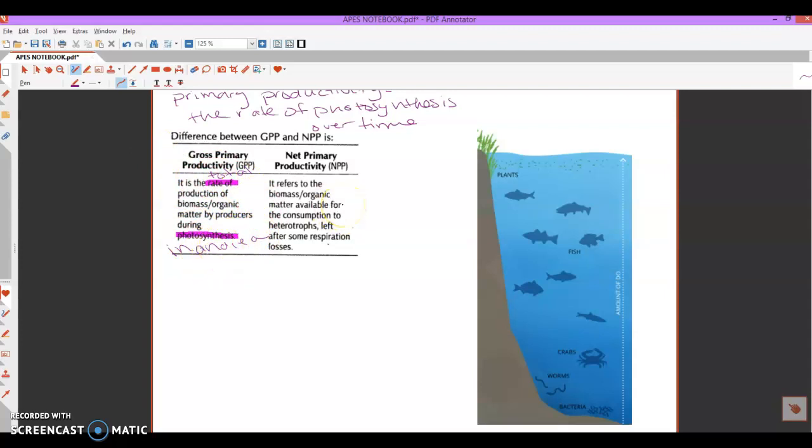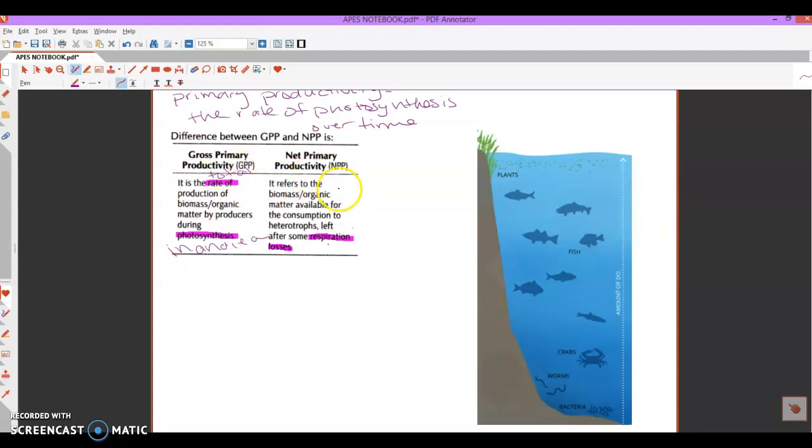The net primary productivity is basically what is left after respiration losses. So when we factor in our consumers, when we're eating the plants, it's what is left after the consumers are finished.